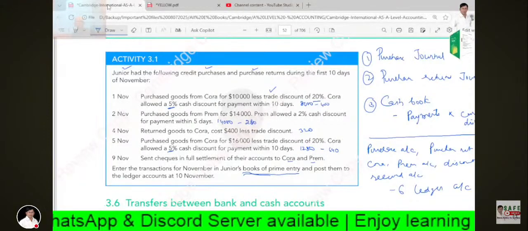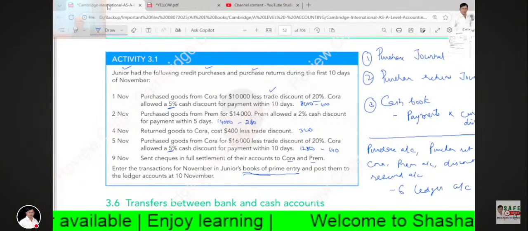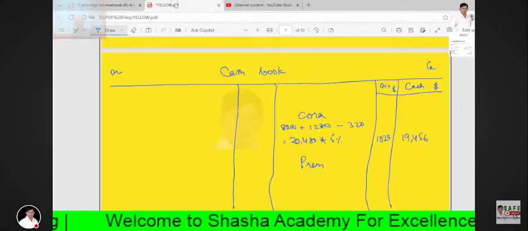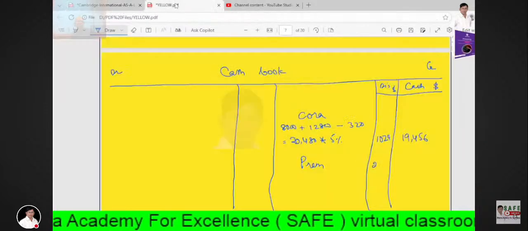So the claim is 14,000. Discount is 280.